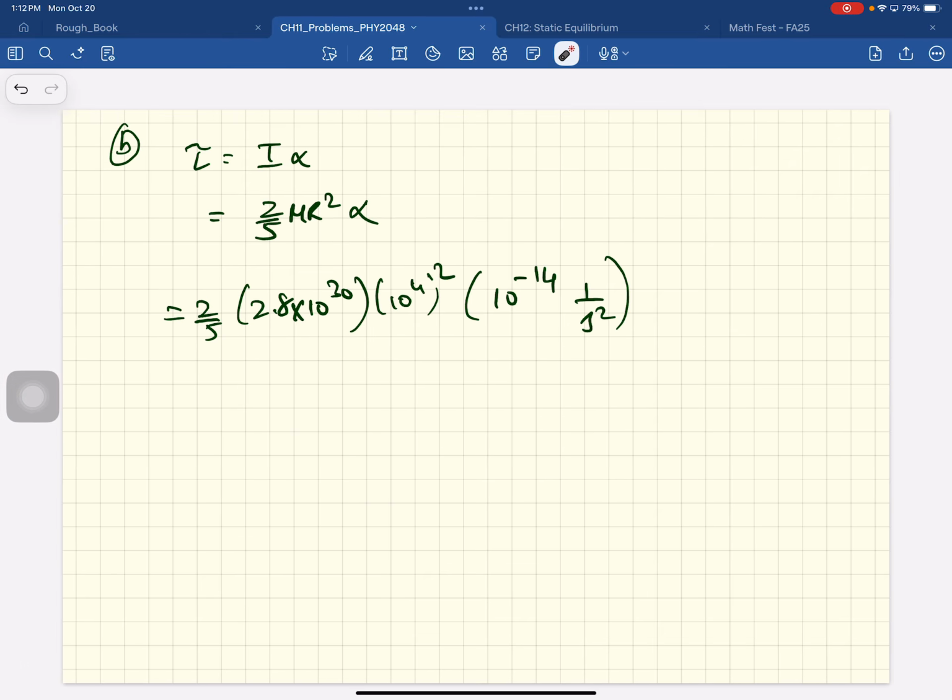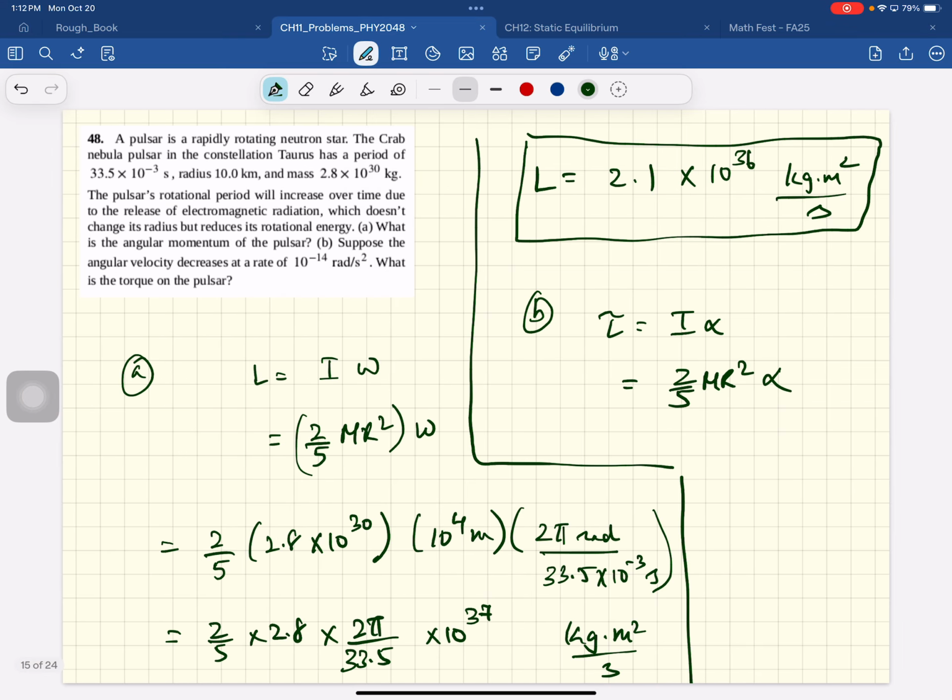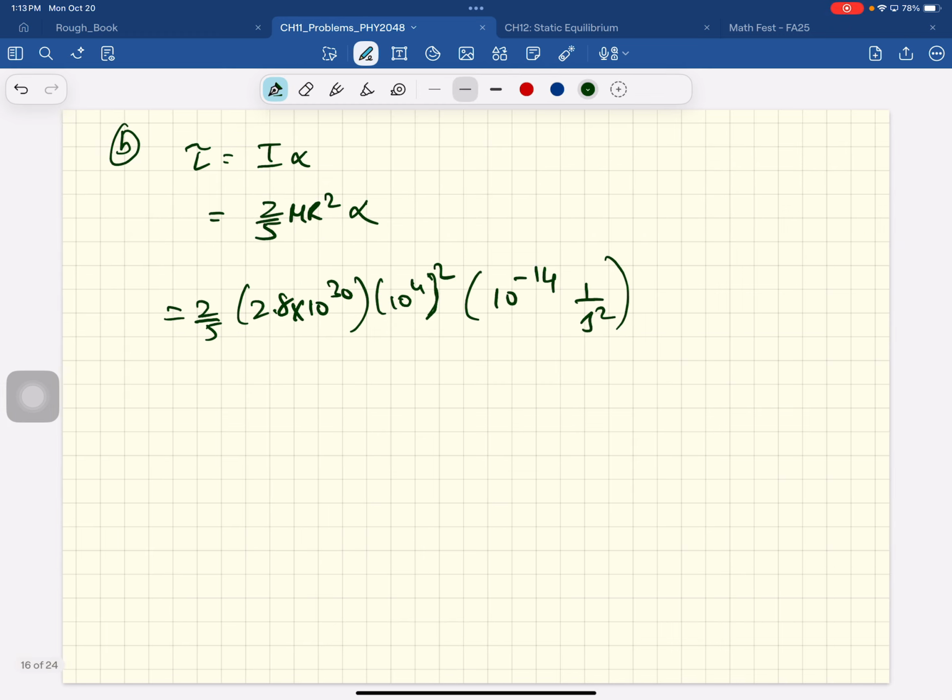Did I get this right? I didn't square this. So here we go.